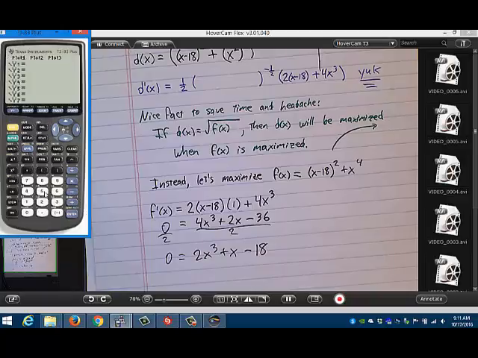Y equals 2x cubed plus x minus 18. Graph. There it is. Hey, what's it look like it goes through? You think 2 is the answer? I can check that, right?